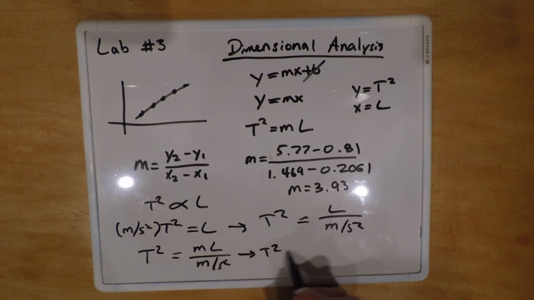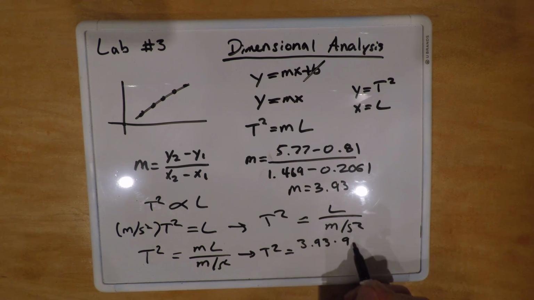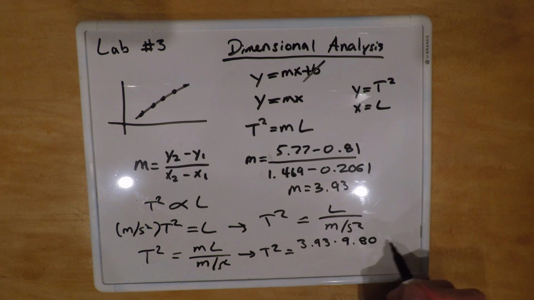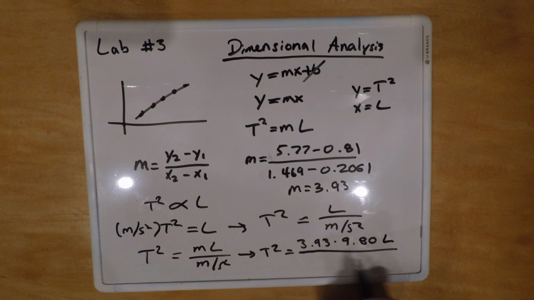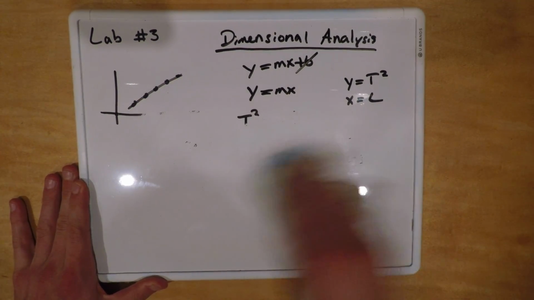So we have t squared equals 3.93 times 9.80, the acceleration of gravity without its units, times L. And this is all over the acceleration of gravity, 9.80 meters per second squared. I'm running out of room here, so I'm going to erase everything with my very colorful rag.